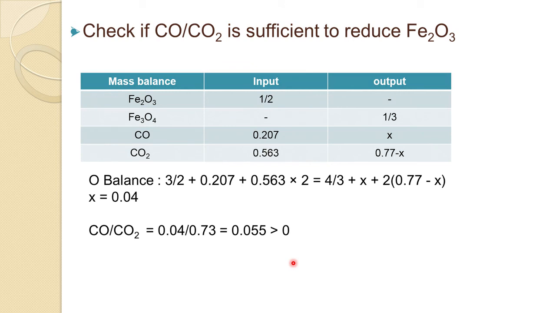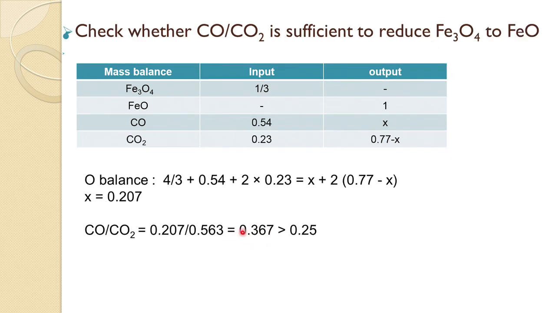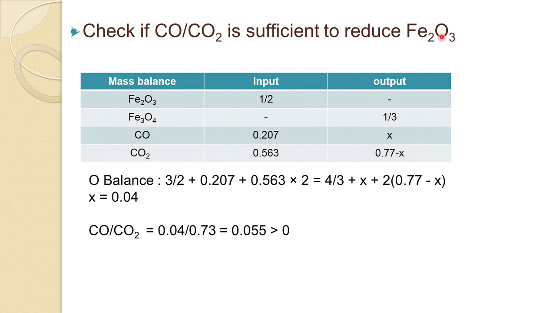So this is again checking after this, is it sufficient to reduce the hematite into magnetite? Again, if we do the balancing act, we will come to the same thing. So here, 3 to the oxygen, which we are getting as output before, and so x comes to 0.04.